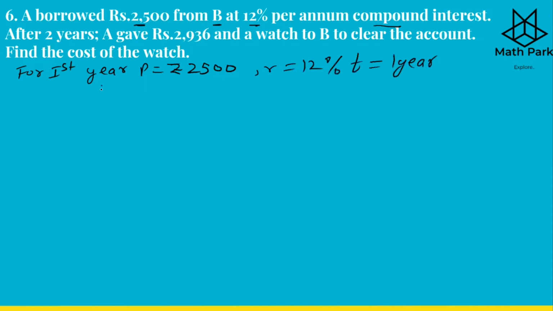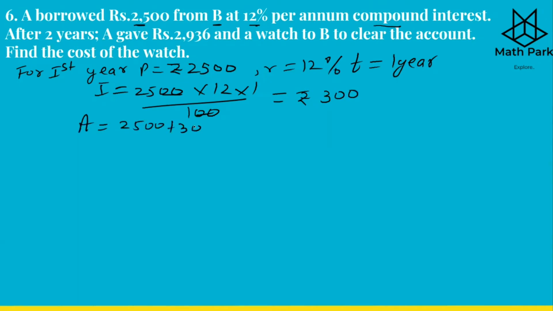So we get interest is equal to 2,500 into 12 into 1 upon 100. On simplifying this, we get 25 into 12, which is rupees 300. So rupees 300 is the interest. So the amount at the end of first year is 2,500 plus 300, which is rupees 2,800. Then again for the next year, this becomes the principal.